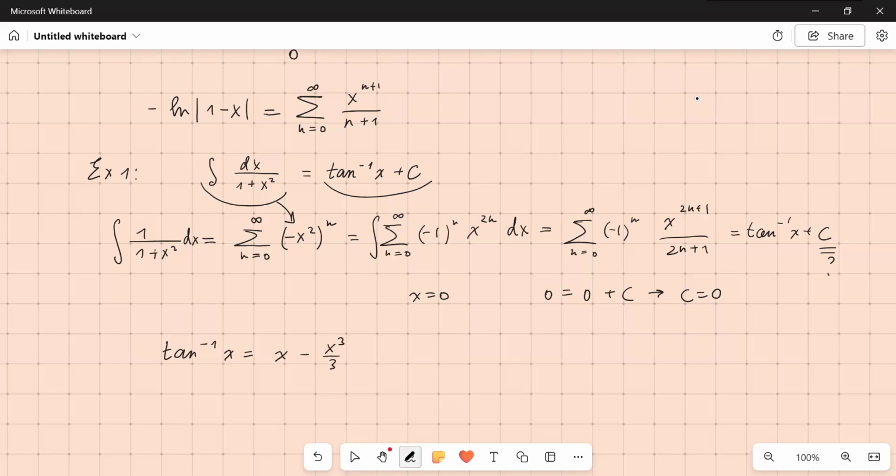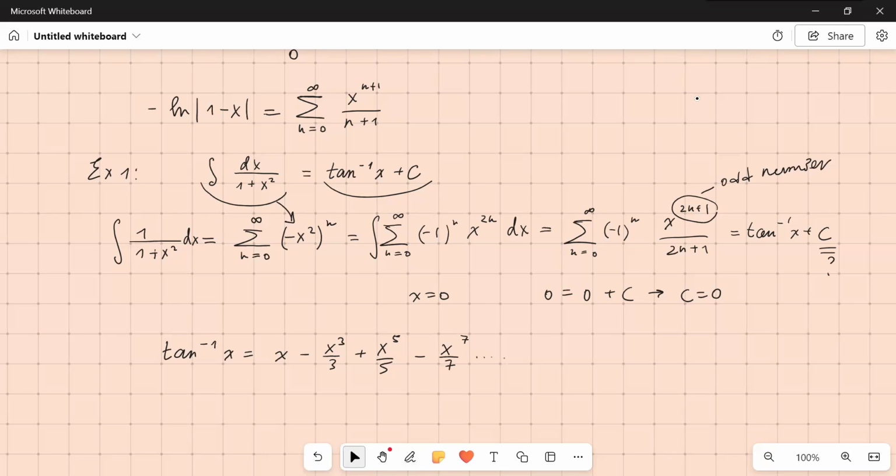Minus x cubed over 3 plus x to the power of 5 over 5. It looks like we are going to have only odd powers because this is actually a general way to write down odd numbers. Minus x to the power of 7 over 7, and so on, right?